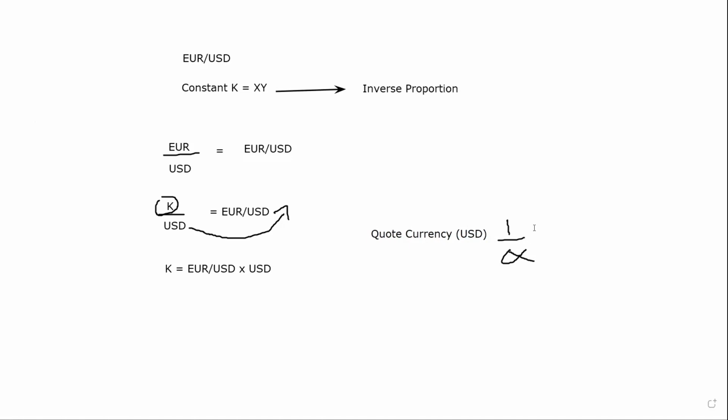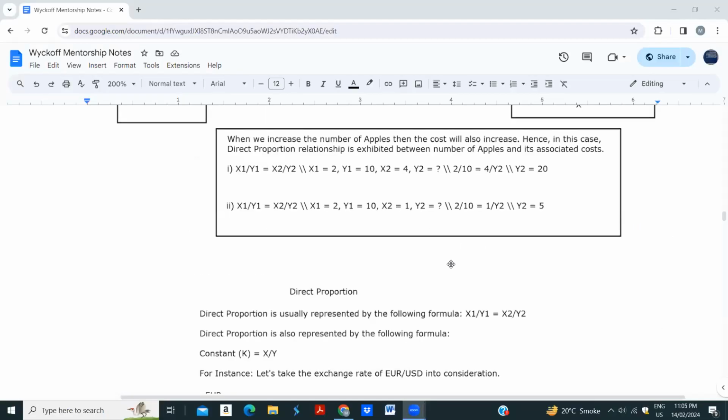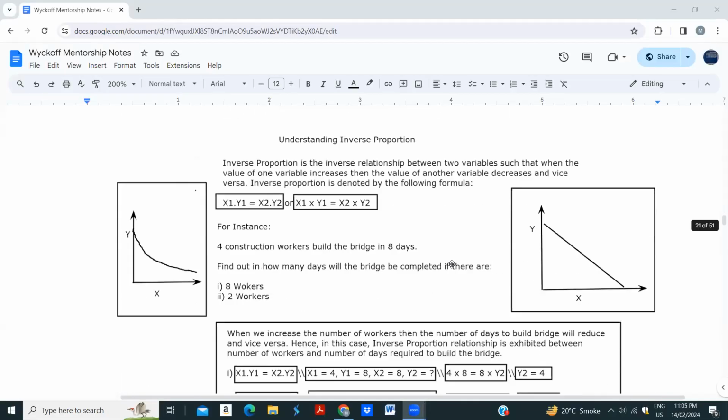So quote currency US dollar is inversely proportional to exchange rate, which is euro USD. All right. So this has been proven. And this is what I have shared here. Okay. Inverse proportion. All right.